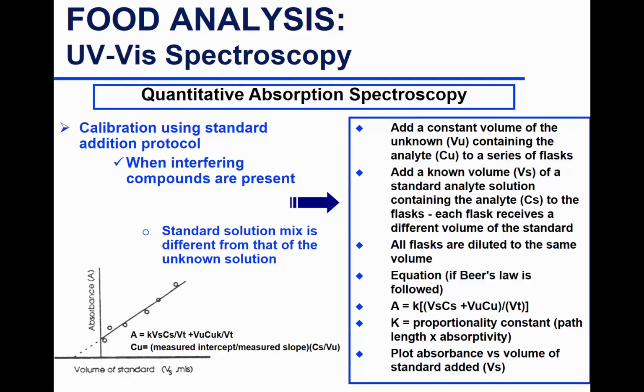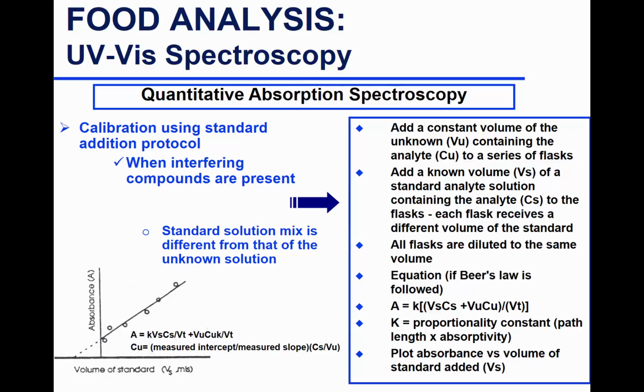This is a very confusing concept, and I'll try to go through this very slowly and carefully. Sometimes your sample matrix is very complex, meaning within your sample there are components that will interfere with the absorption of your solute of interest.